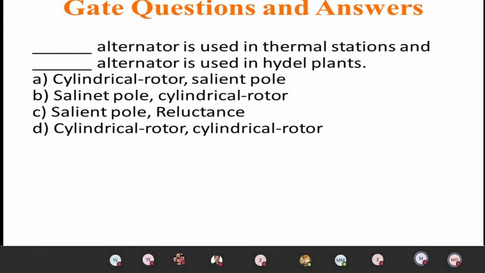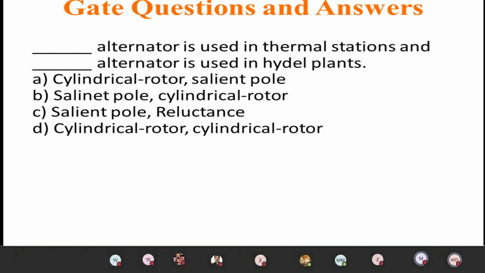So dash alternator is used in the thermal station and dash alternator is used in the hydel power plant. In thermal station, the speed of the alternator must be high. In hydel power plant, the speed of the alternator must be slow.